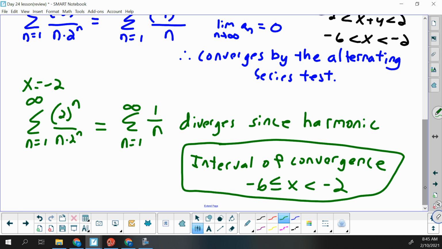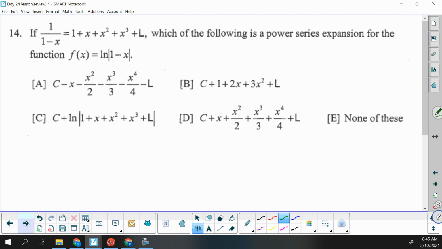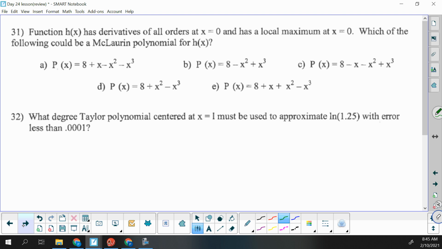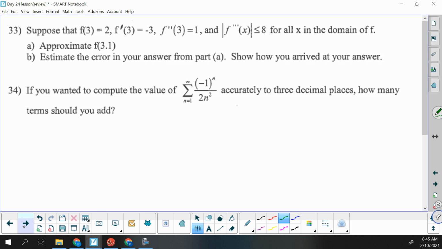And then we're going to look at question 33. 33 is a common way that Lagrange error is represented on the AP exam.